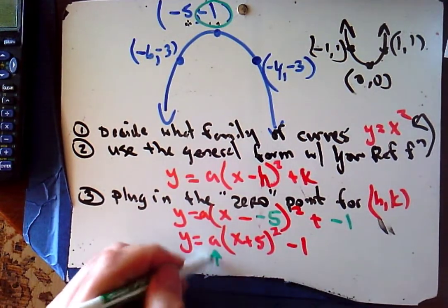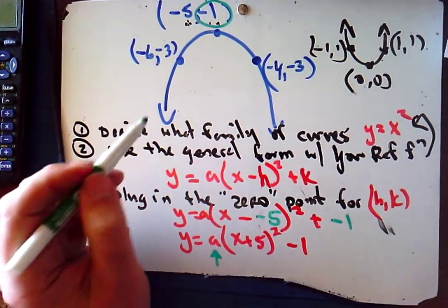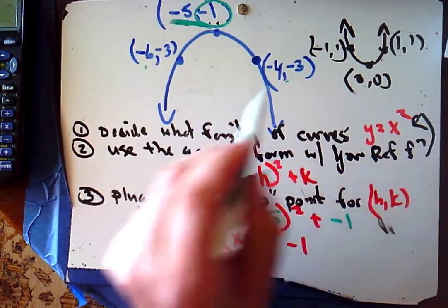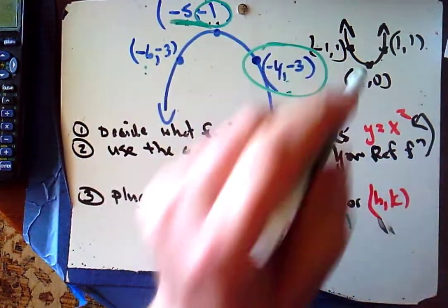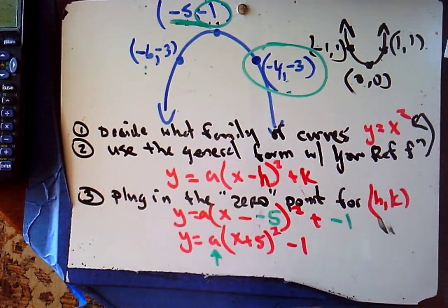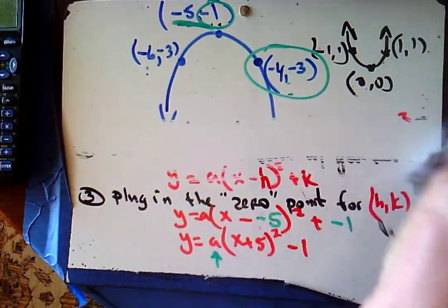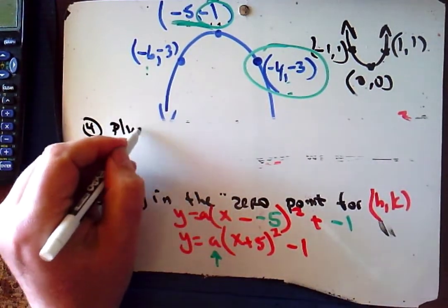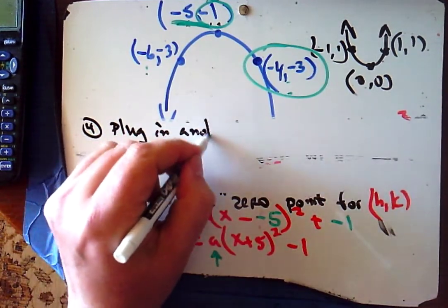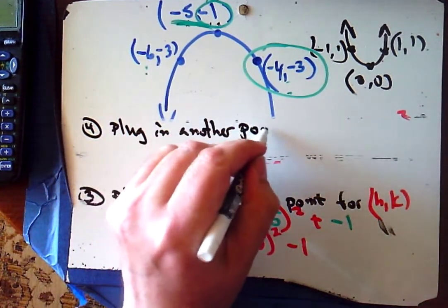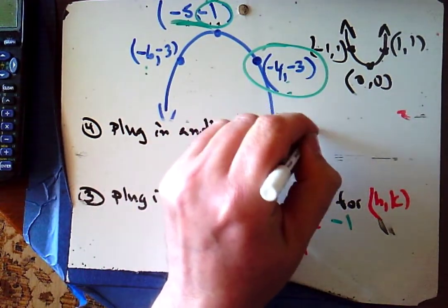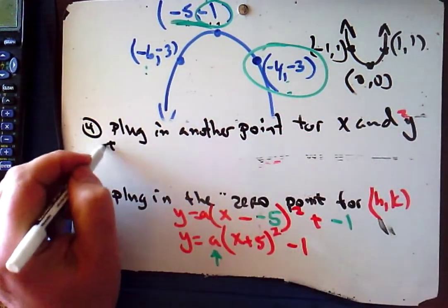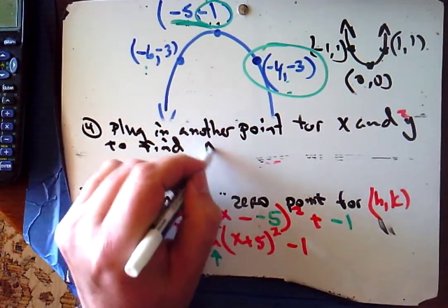We still need to solve for this a value, and we said in the last video we would pick one of these other points. We've already used this point, so we can't use it again. But we could use one of these points to help us solve for a. So step 4, plug in another point for x and y to find a.